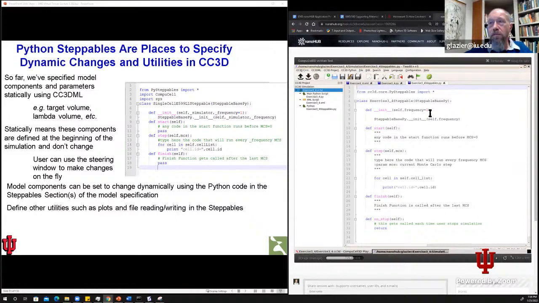And in general, in some of the older versions of CompuCell, there would have been a lot of header information here, which has been hidden from us. But the class inside of it will be, and we can have as many of these Python steppables as we want. Each one will be called once per Monte Carlo step or once per n Monte Carlo steps.